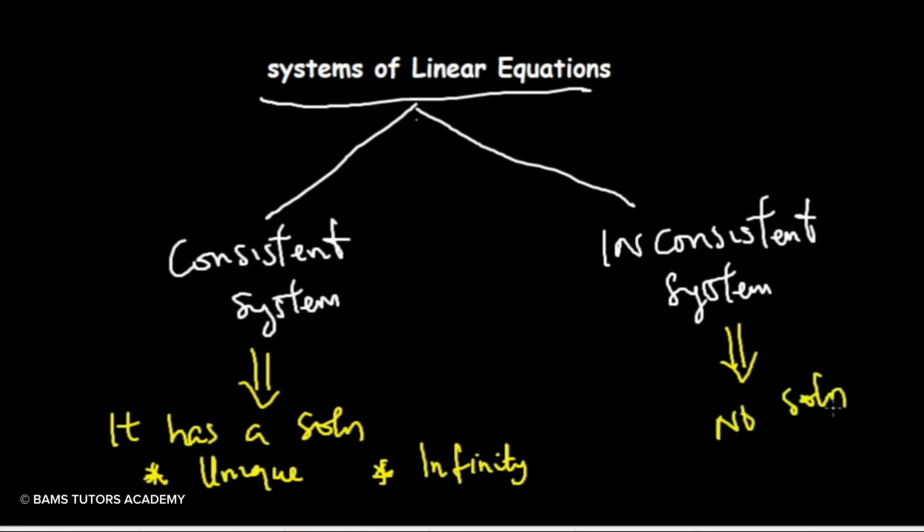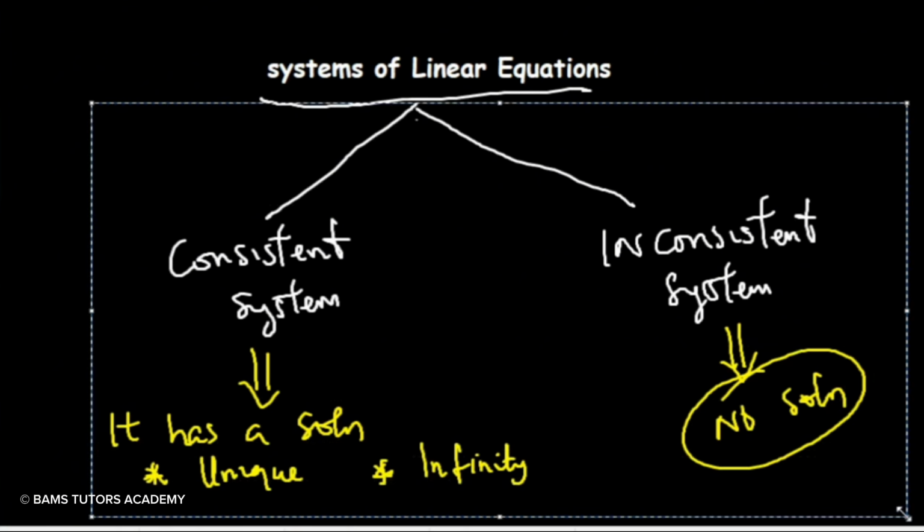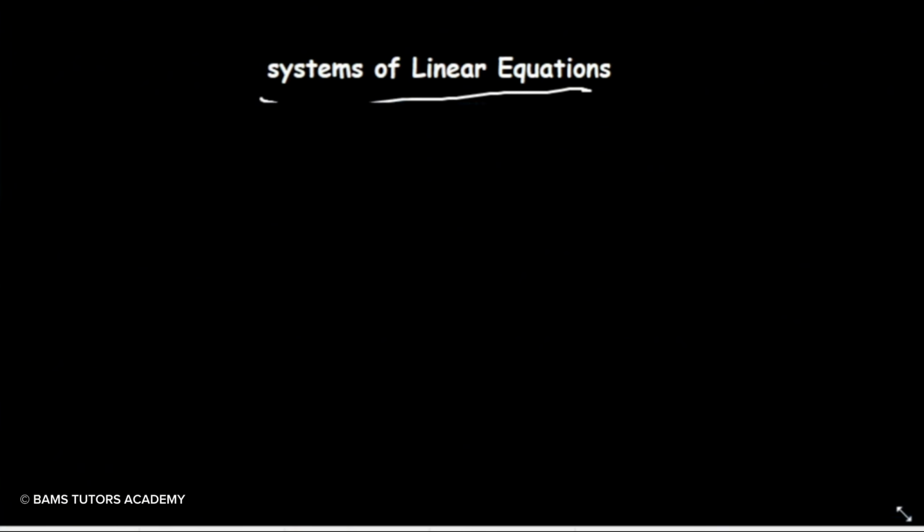So a consistent system has a solution, and it might be a unique solution or infinitely many solutions. An inconsistent system is when there is no solution at all. So that's another terminology that we need to understand. Let's move to the next terminology for this class.